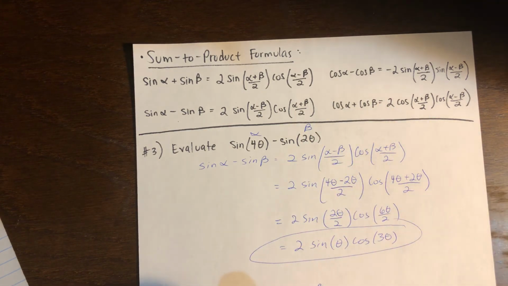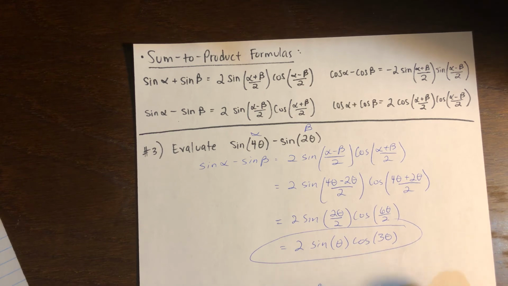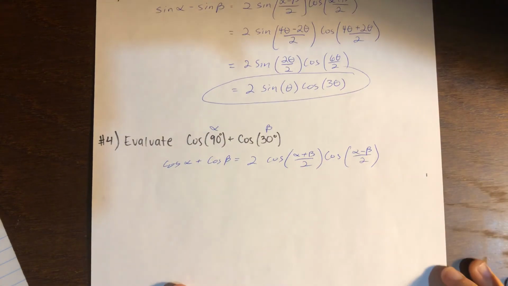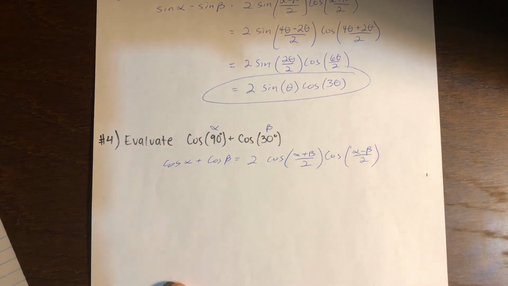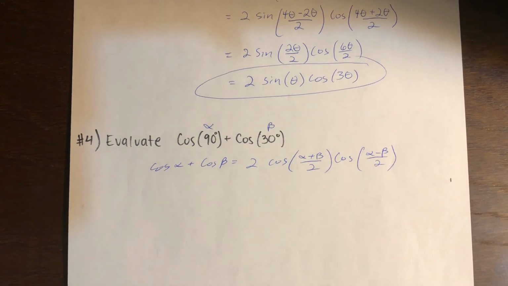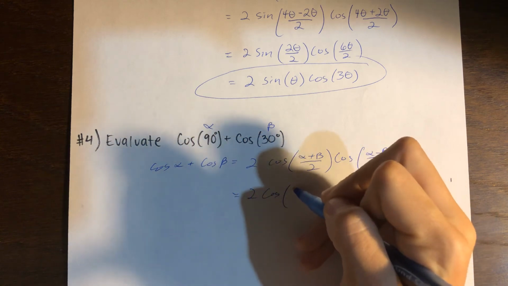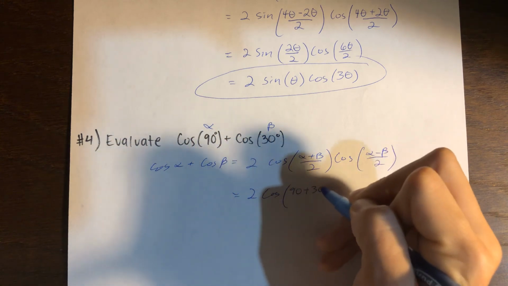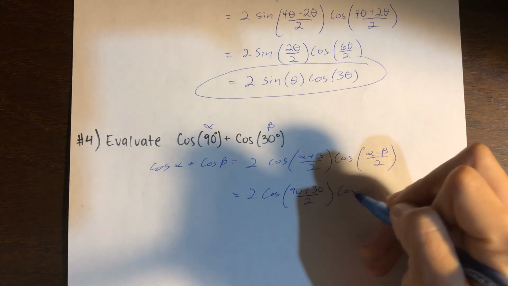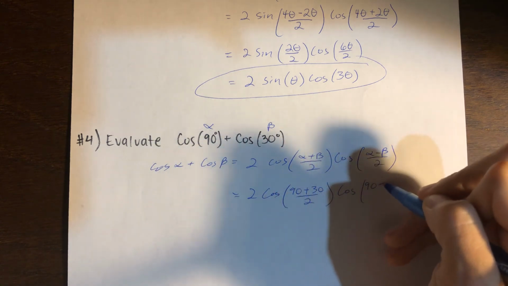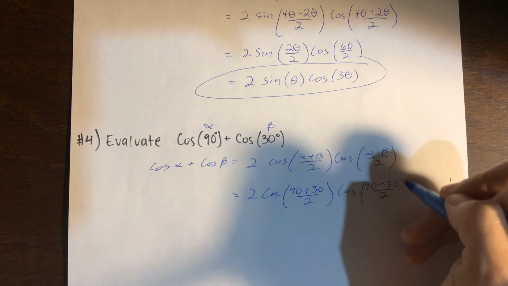So cosine of alpha plus cosine of beta is 2 cosine of alpha plus beta divided by 2 times the cosine of alpha minus beta divided by 2. So I'm just plugging it in. 2 times cosine of alpha, which is 90, plus 30 divided by 2, times the cosine of alpha, which is 90, minus 30 divided by 2.